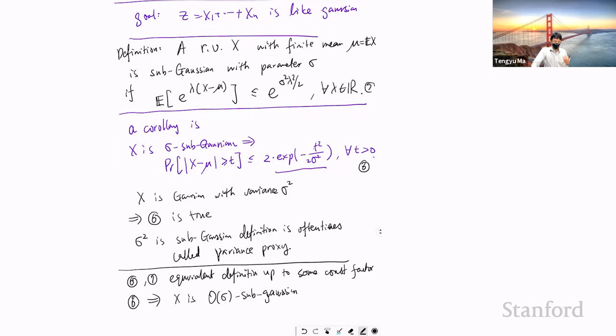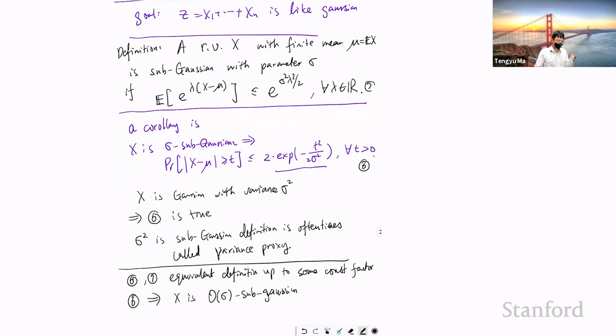So if you don't care about the constant factor in front of the variance proxy, then 7 implies 6 and 6 also implies 7 up to a small constant loss. The way I always think about it is that I think about 6 as the intuitive way. But when I really need to use some properties of sub-Gaussian and want to prove something, I typically use 7.